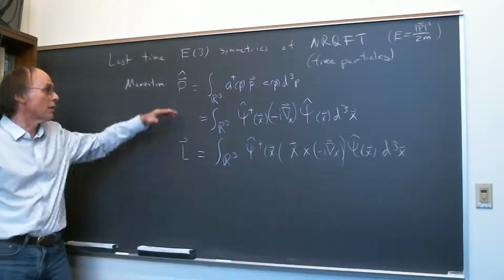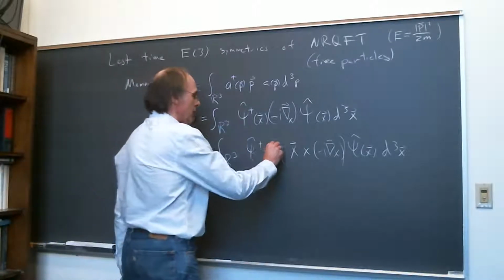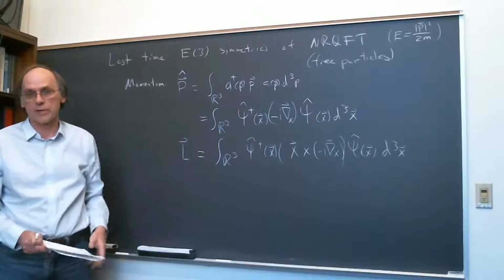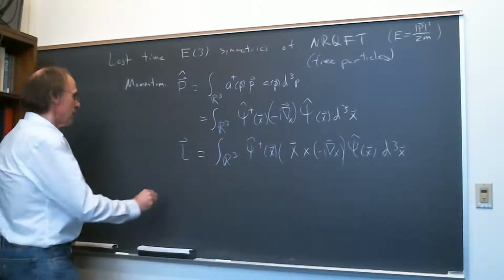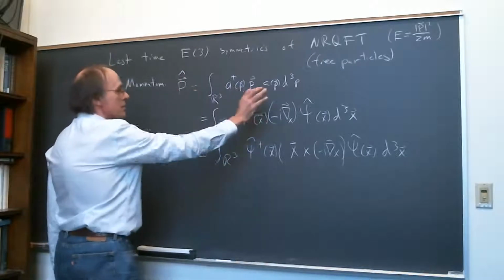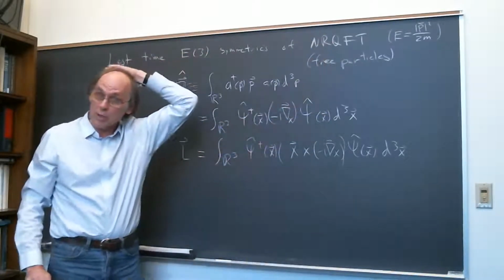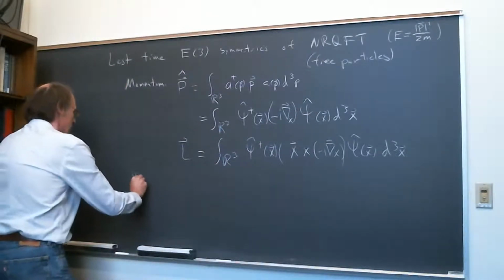So if this is doing what it's supposed to do, that's reflected in these commutation relations. Now, this is what we call the spin zero or the scalar particle. But what about spin 1/2?